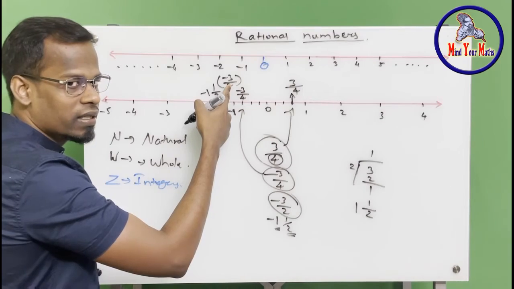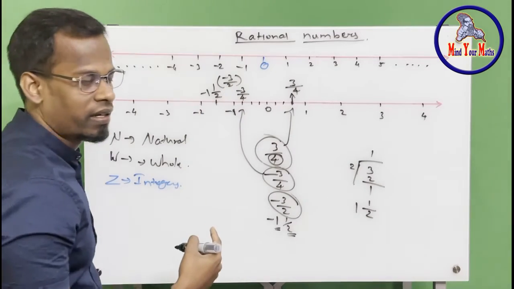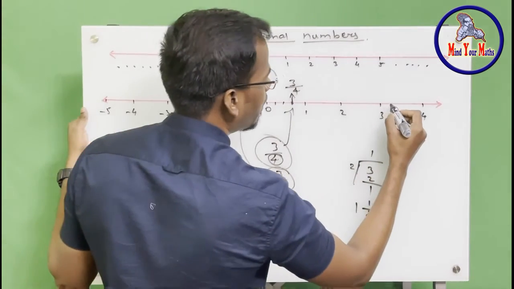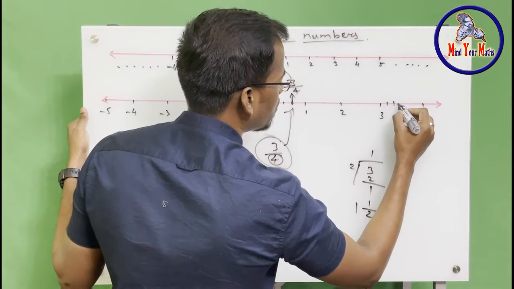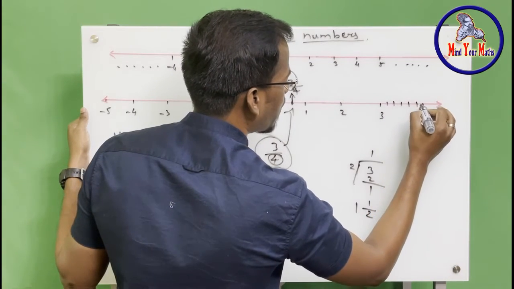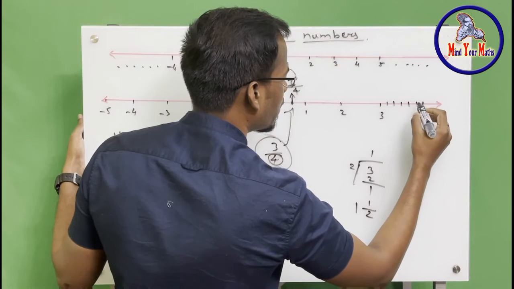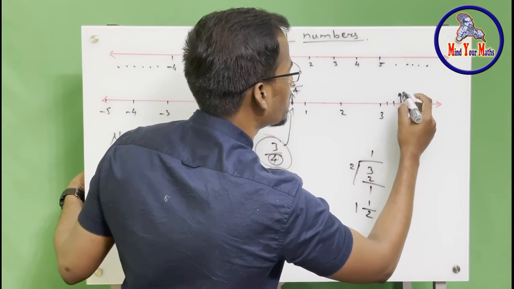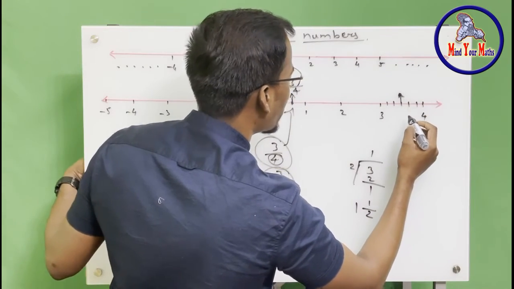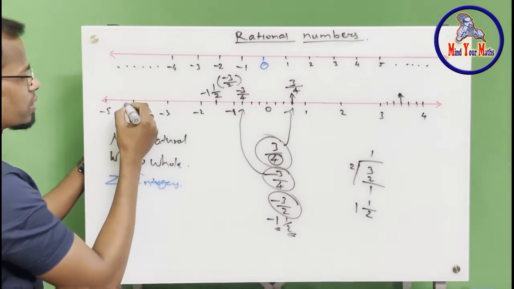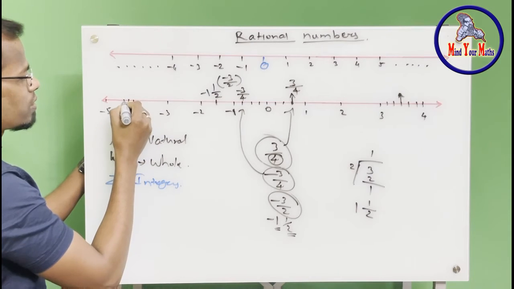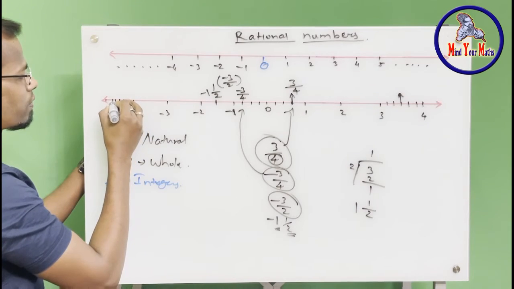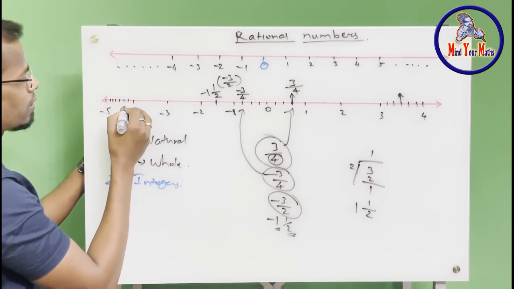Yeah, got it? Now let's do the reverse way. Reverse way means, okay, I'll mark here 1, 2, 3, 4, 5. Yeah, mark here, and then we want you to find this point, and this side also, 1, 2, 3, 4, 5, 6, and 7.